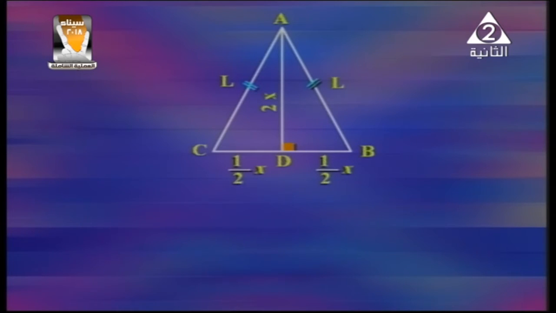Let BC be the base, equal to x. Then AD, the height of the lamina, equals 2x. Remember, AD is perpendicular to BC and is the axis of symmetry of the lamina. Then D is the midpoint of BC. BD equals half x. Also CD equals half x.